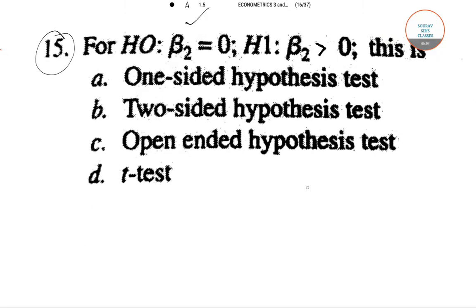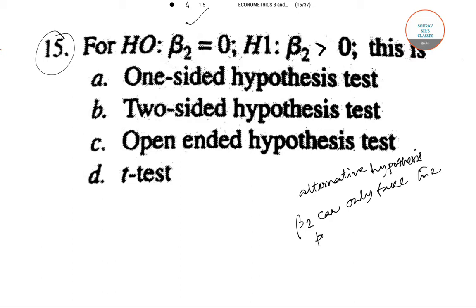In this case, our alternative hypothesis is that beta 2 can only take positive values. Therefore, it will be sufficient to take only the positive part of the normal curve. Therefore, a one-tailed test will be the appropriate test.